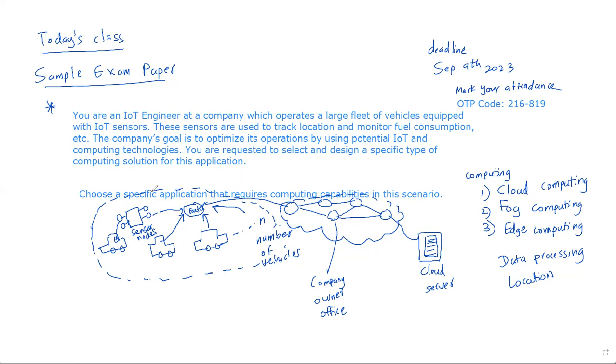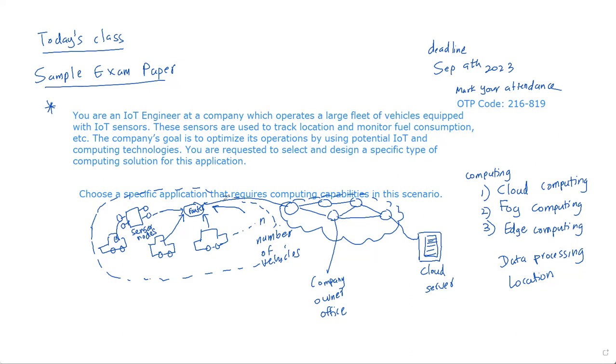So the local area network that consists of this router that collects the data, and the sensor nodes is considered as the edge of the network. So the computing that is done at the edge of the network is known as edge computing.